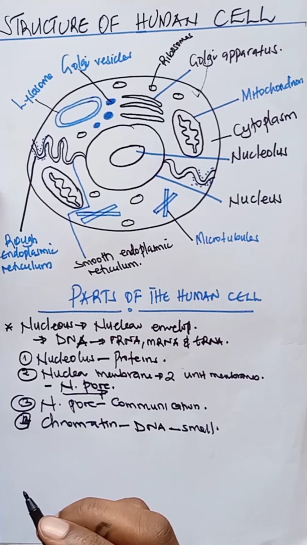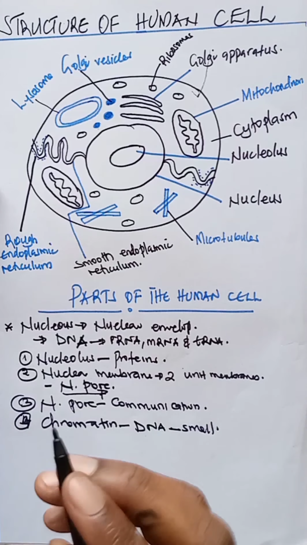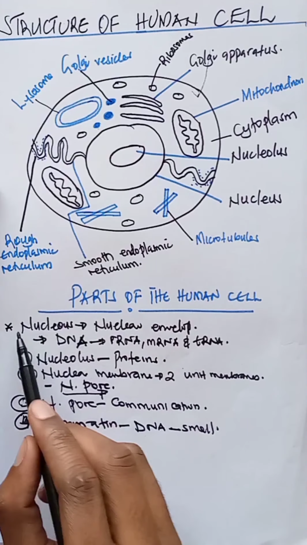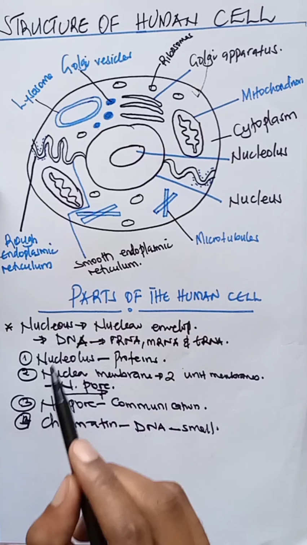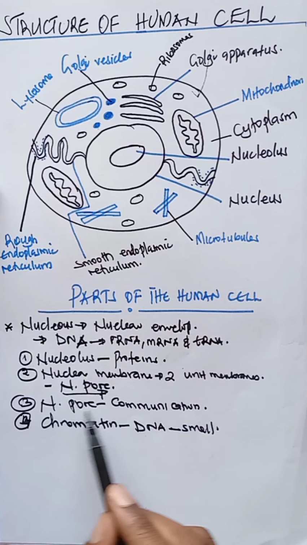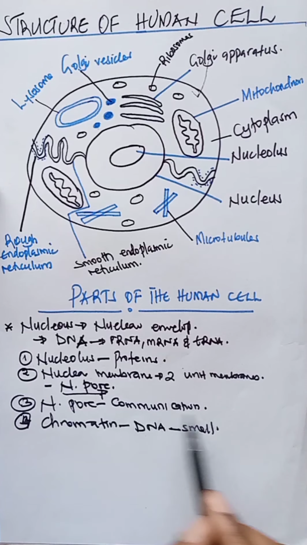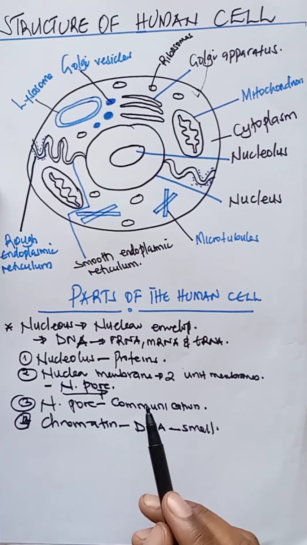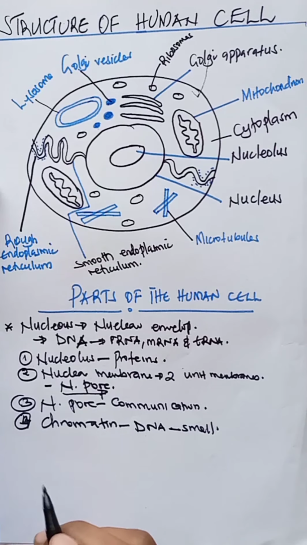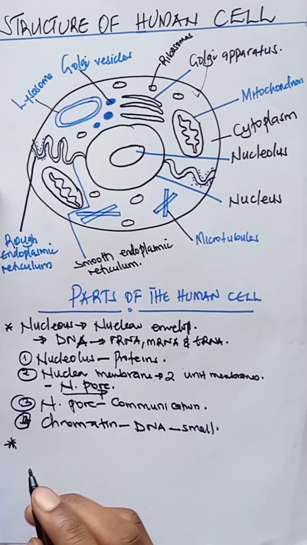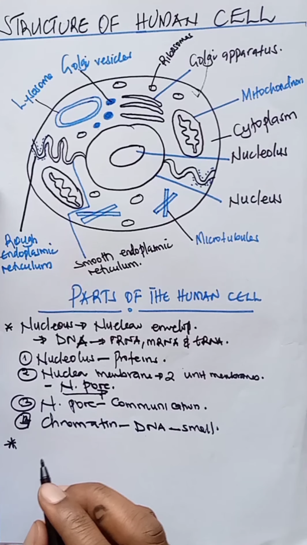So apart from the nucleus, it has the nucleolus, the nuclear membrane, from where we get the nuclear pores, which are very important in communication between the nucleus and the cytoplasm, then the chromatin.